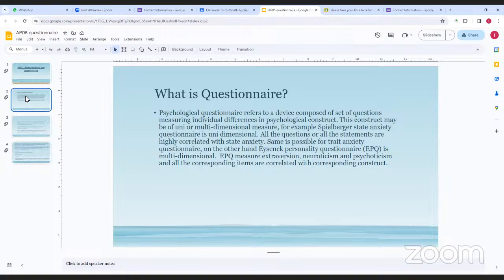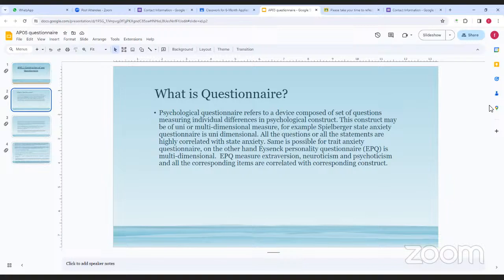All the statements are highly correlated with state anxiety. Same is possible for the trait anxiety questionnaire. On the other hand, the Eysenck Personality Questionnaire is multidimensional. EPQ measures extraversion, neuroticism, and psychoticism, and all the corresponding items are correlated with the corresponding construct.